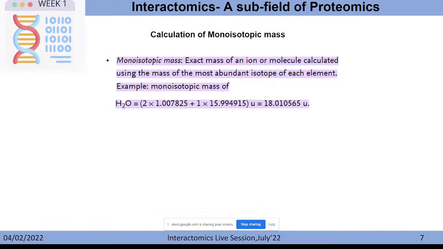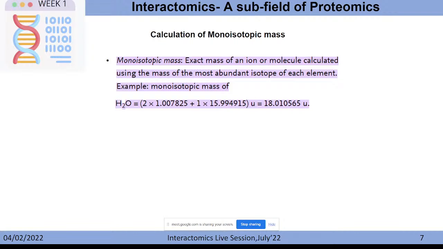Now another concept is the monoisotopic mass. For example, if you want to understand a particular amino acid or peptide, you can identify their monoisotopic masses.